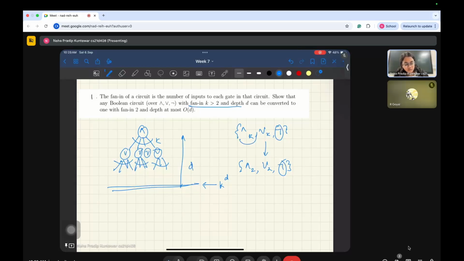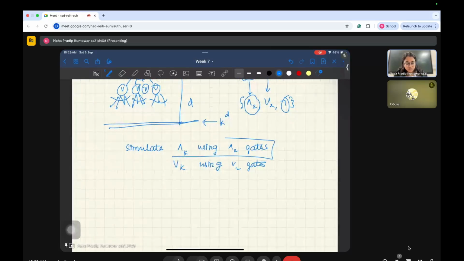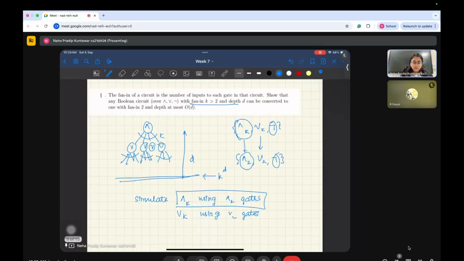So we need to simulate AND k using AND two gates, and OR k using OR two gates. That is what we want to do. The arguments are very symmetric.